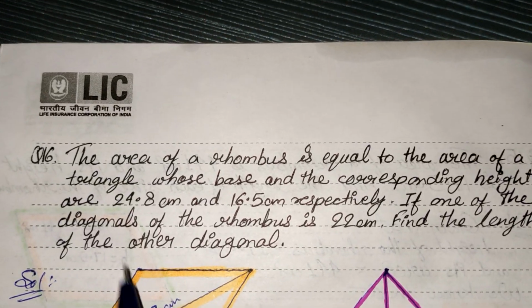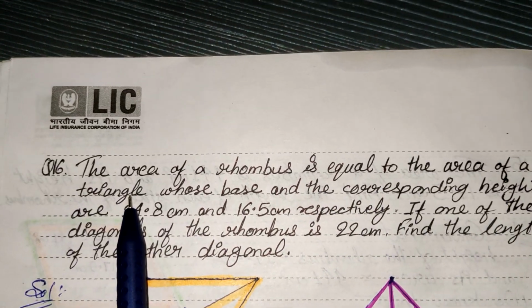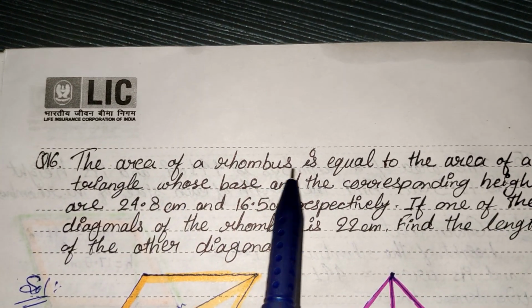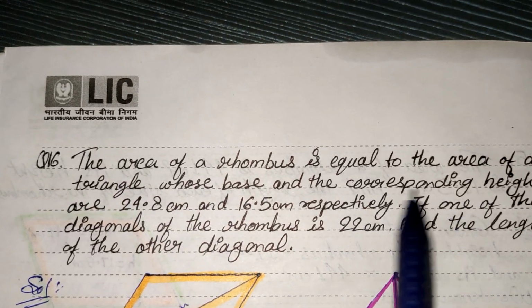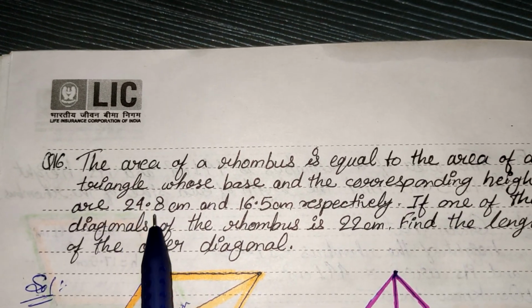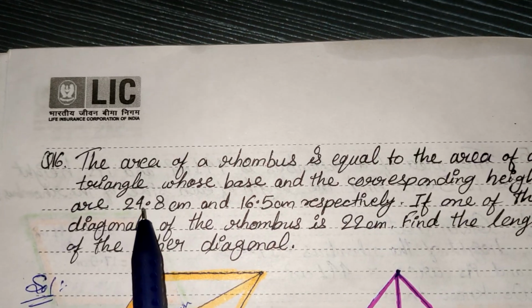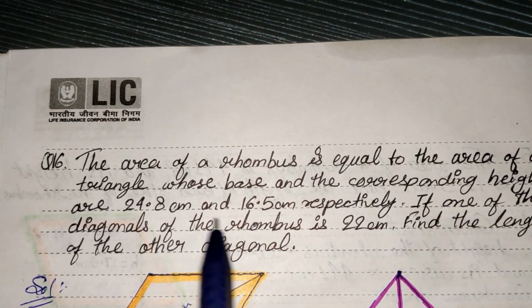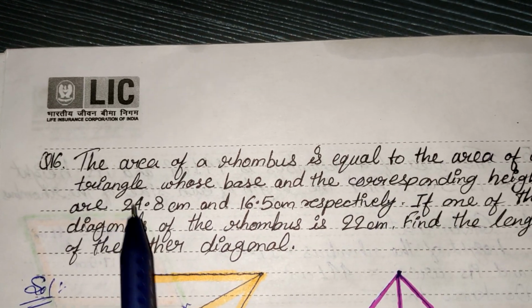Now question number 16. The area of a rhombus is equal to the area of a triangle whose base and corresponding height are 24.8 centimeter and 16.5 centimeter respectively. So 24.8 centimeter is the base and 16.5 centimeter is the height of the triangle.